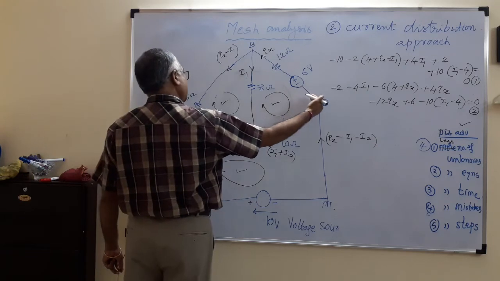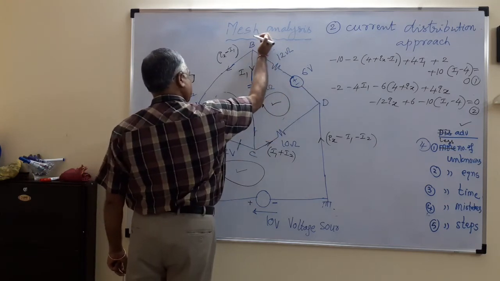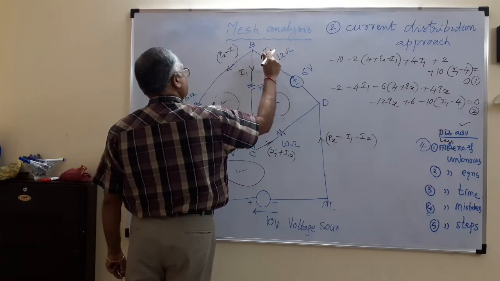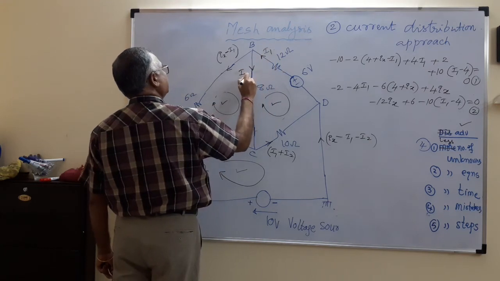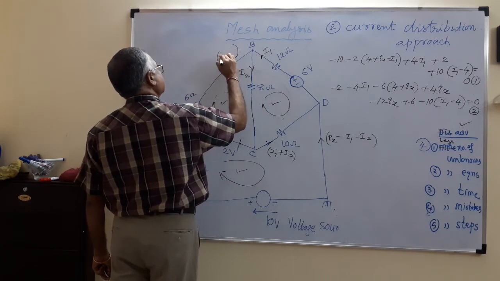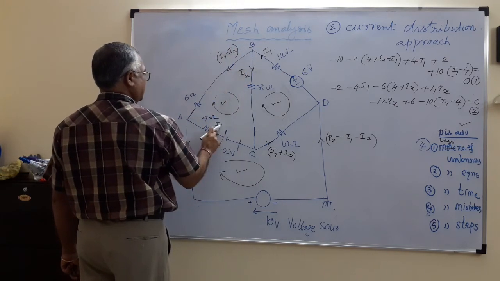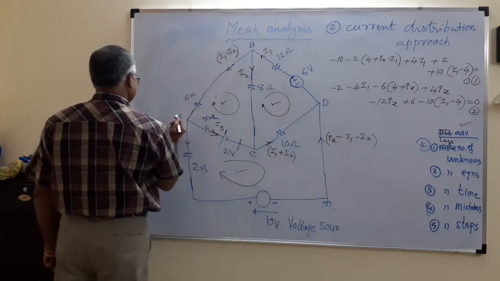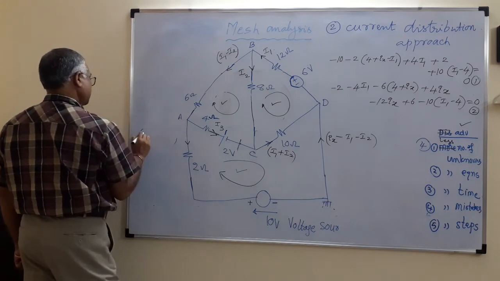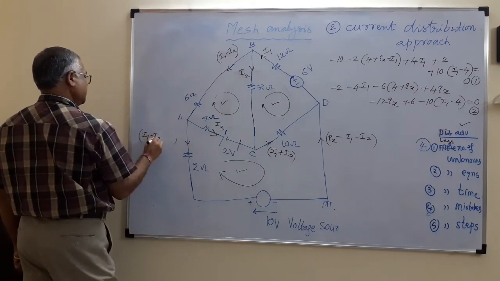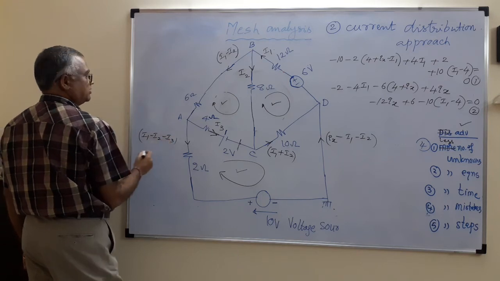So if you want to start here, still you start with I1. If this is I1, this is I2. Then what is this? I1 minus I2. Then here I3. Then how much is here? I1 minus I2 minus I3.